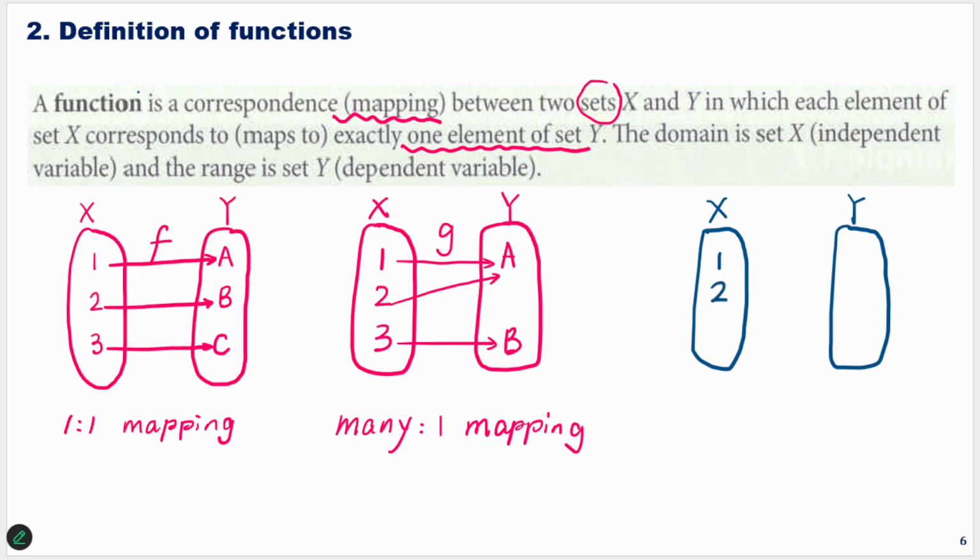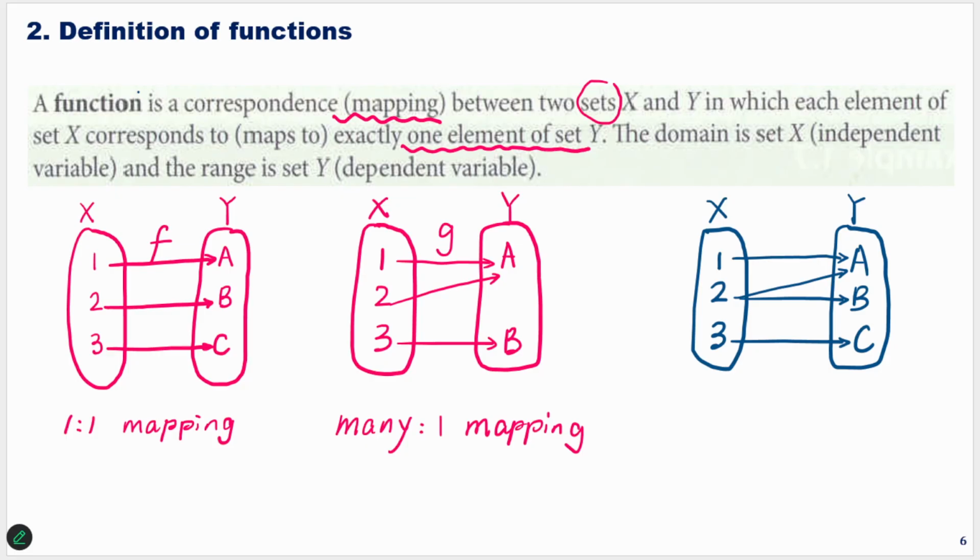Still we have 3 elements here, 3 elements here, and this relation corresponds 1 to a and 2 to a, either a or b, corresponds 3 to c. So this is also a relation, right? It's a relation mapping x to y, but is it a function?